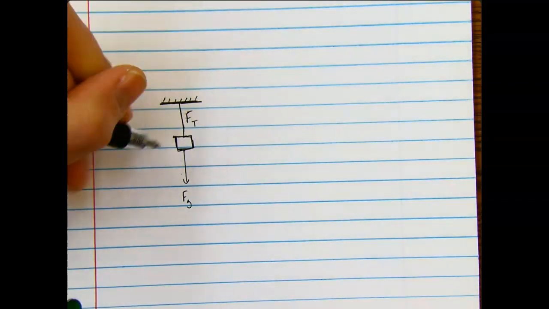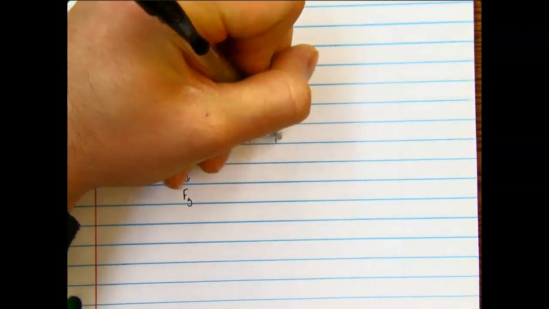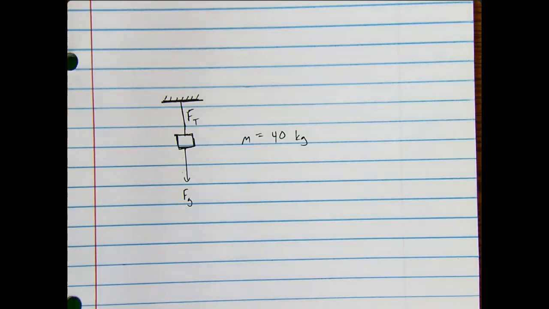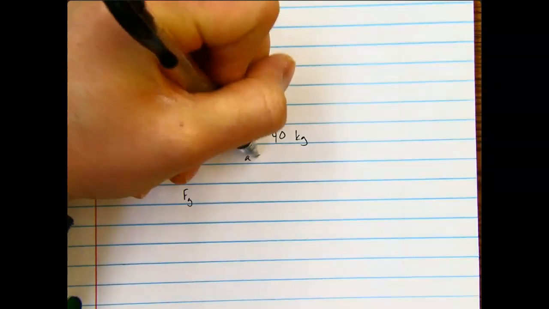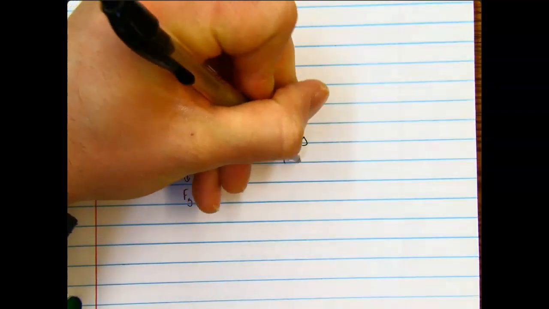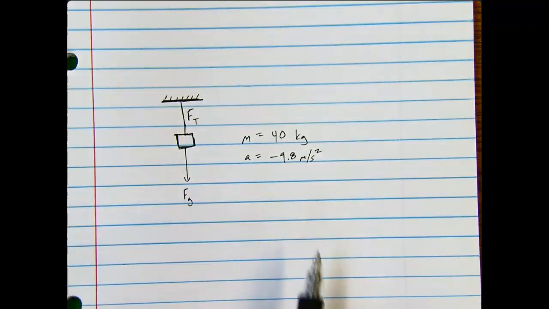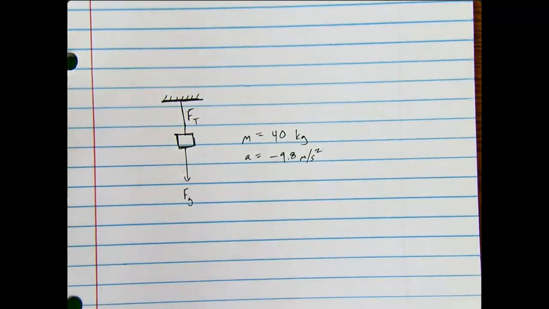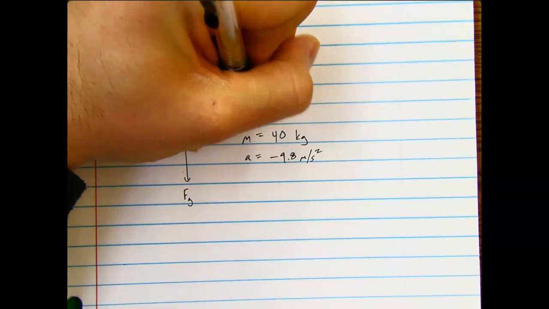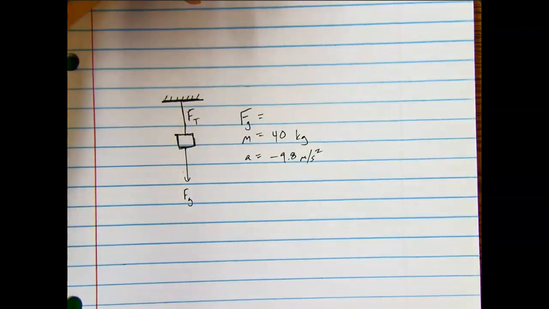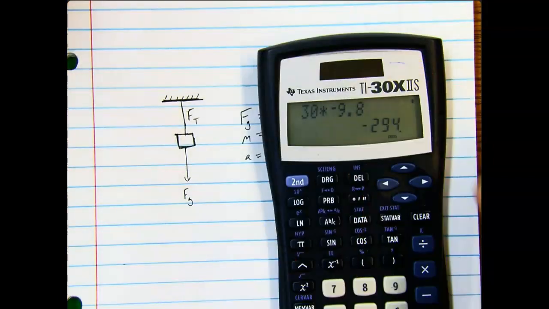So once we know the force of gravity, we can find the force of tension. So let's say this is a 40 kilogram box. So 40 kilograms. Once again, we know that the acceleration from gravity is negative 9.8 meters per second squared. Again, that's a constant. And so now we can figure out what is the force of gravity on this object. We'll just put that into our calculator.